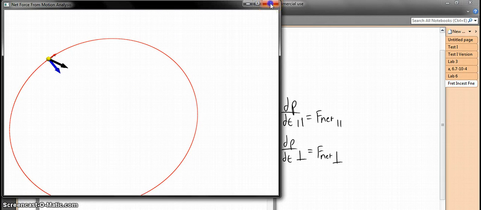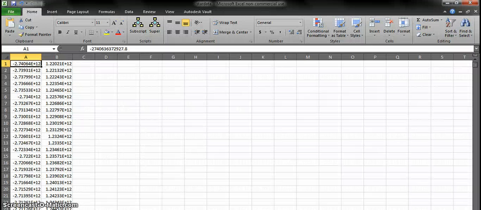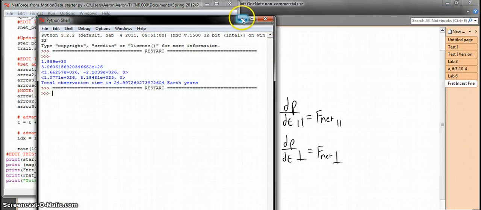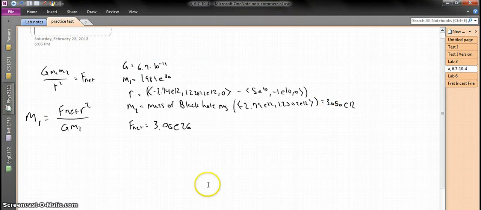Also, printed out with the model was an Excel file that gave the position of the star at every point. From there, we were able to take the initial position of the star and input it into this formula I derived here to find the mass of the black hole, represented here by m1.